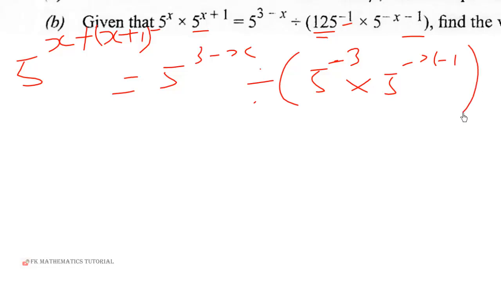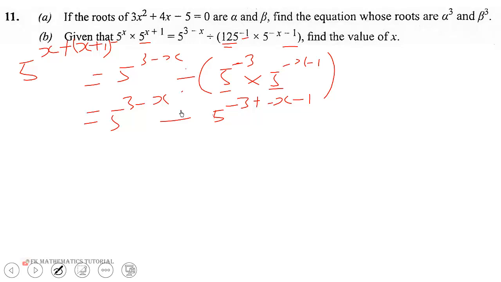Now what do we do now? One base for this, so we write down one base and add exponents, so negative 3 plus negative x minus 1. Then we have 5 exponent 3 minus x here, dividing this.